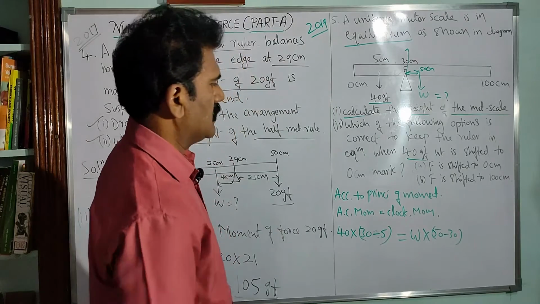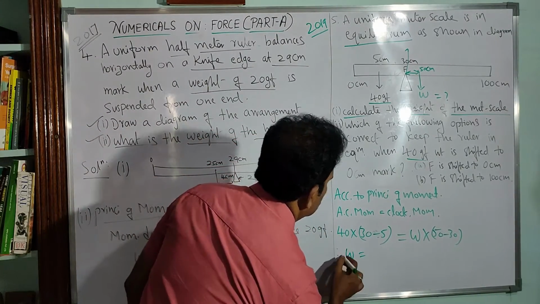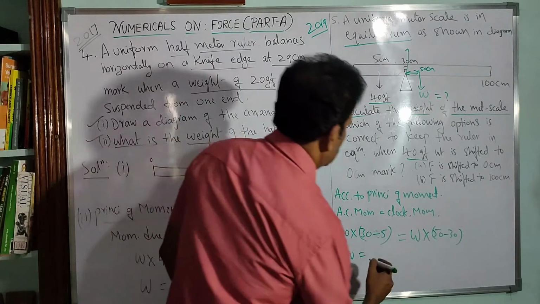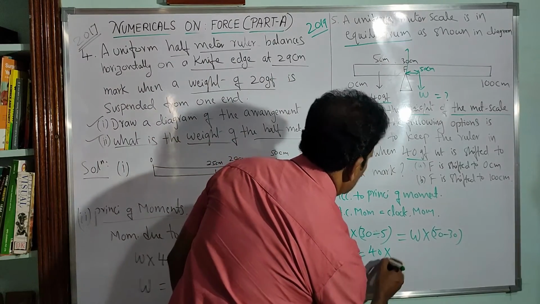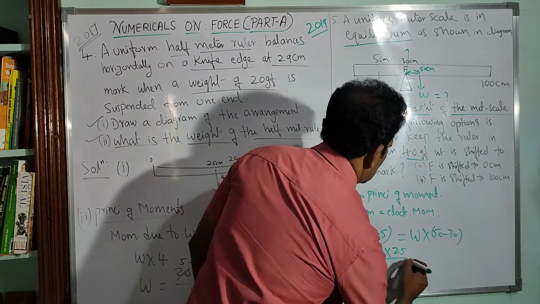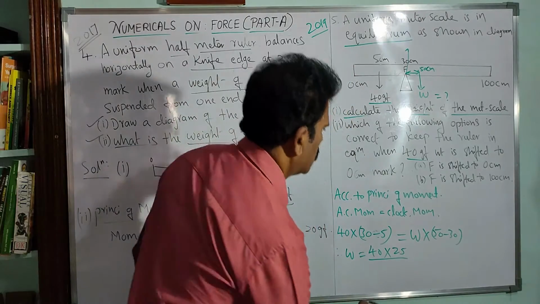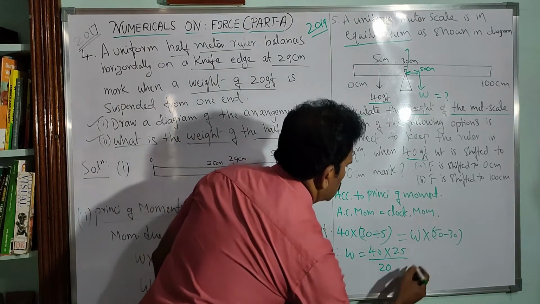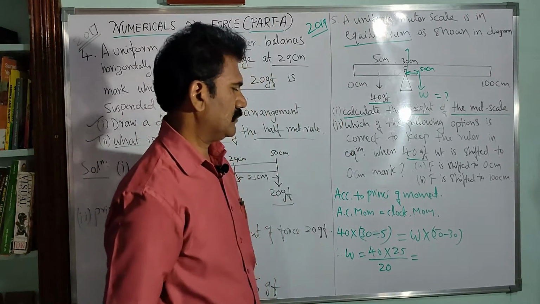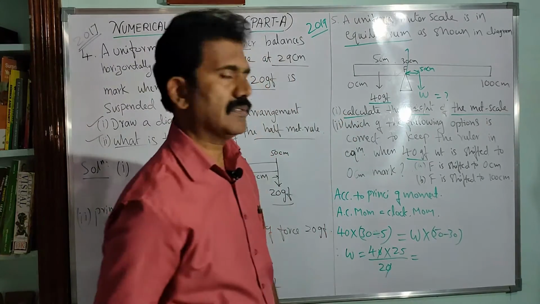Now simplify this equation to find W. So W is equal to 40 into 30 minus 5, which is 25, divided by 50 minus 30, that is 20. You can cancel the 0 first.